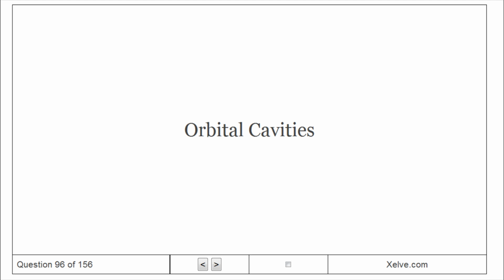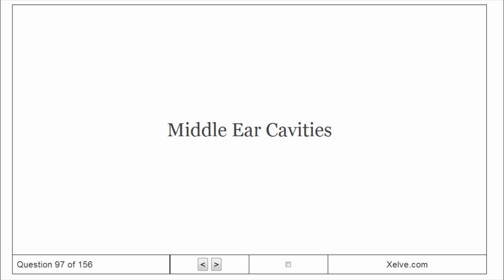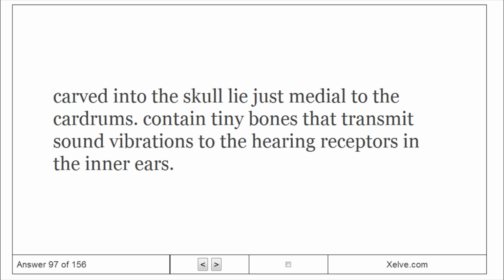Orbital cavities in the skull house the eyes and present them in an anterior position. Middle ear cavities, carved into the skull, lie just medial to the eardrums and contain tiny bones that transmit sound vibrations to the hearing receptors in the inner ears.